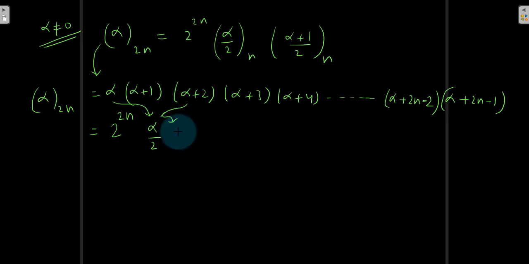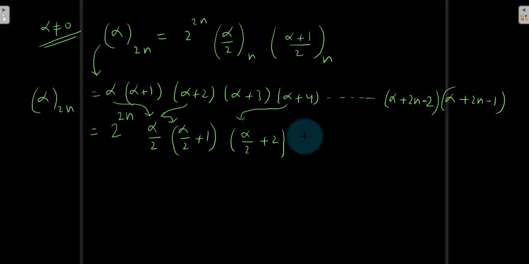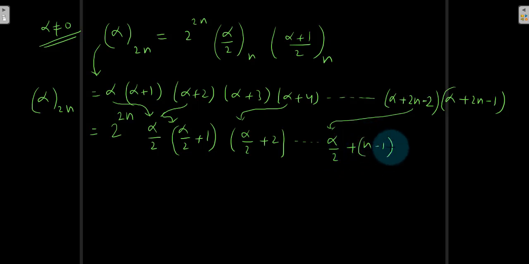If you divide by 2, you will get alpha divided by 2 plus 1. Then from this term you will get alpha divided by 2 plus 2, and from the last term you will get alpha divided by 2 plus n minus 1.